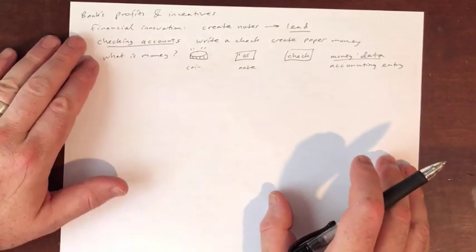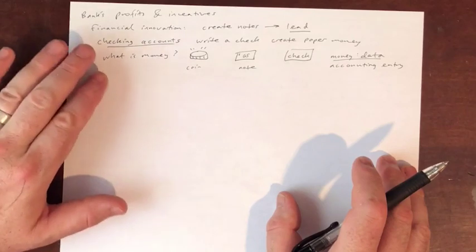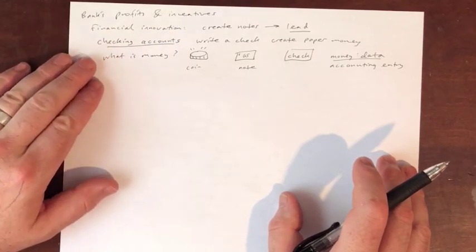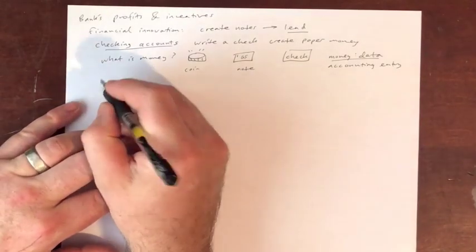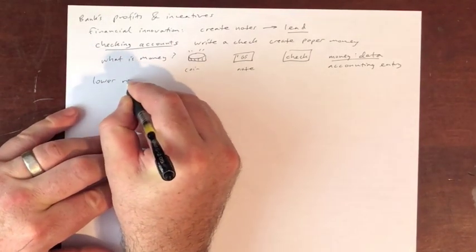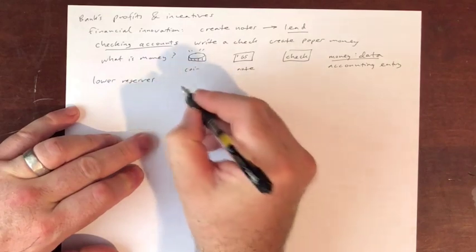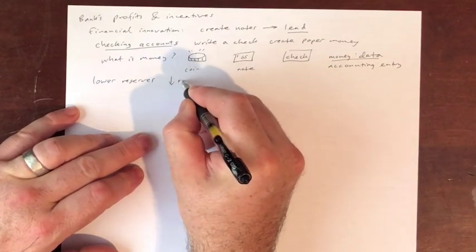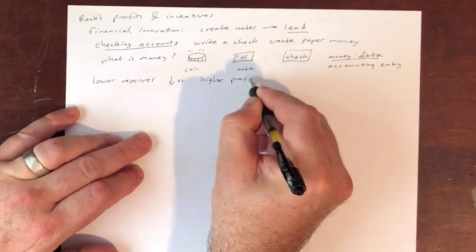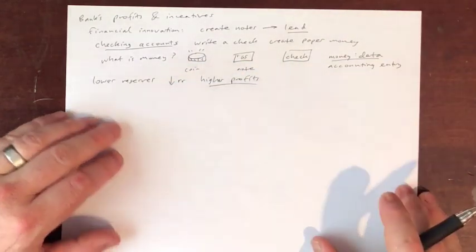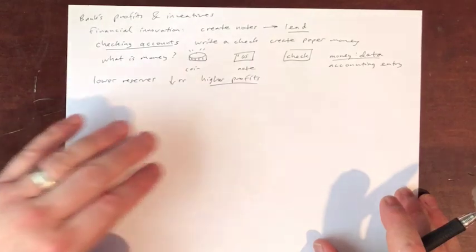So financial innovation occurs, and banks realize something very quickly. What they realize is the lower their reserves are, that is, the lower their reserve ratio, the higher their profits are. The lower their reserves, the higher their profits.